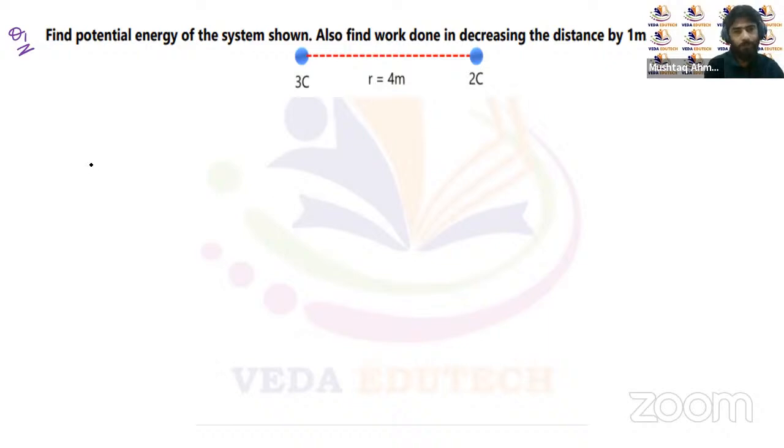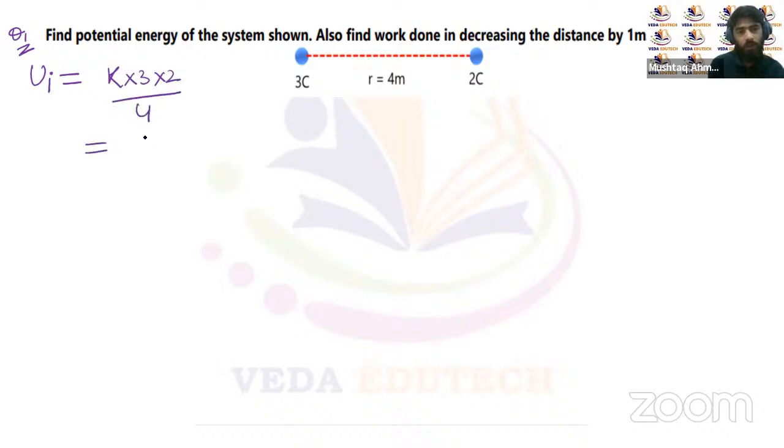3 coulomb and 2 coulomb charges are separated by a distance of 4 meters here. If we calculate the initial potential energy of the system, it will be equal to K into 3 into 2 upon the distance, that's 4 meters.